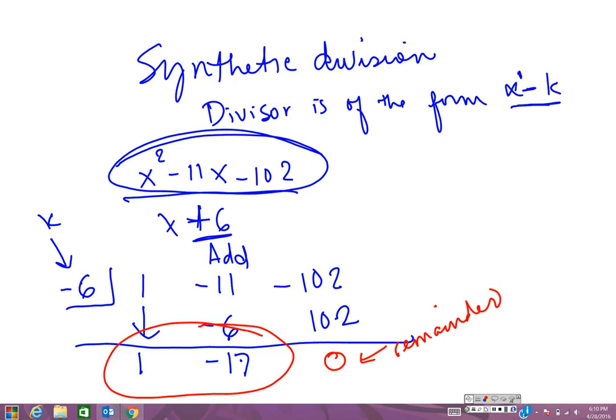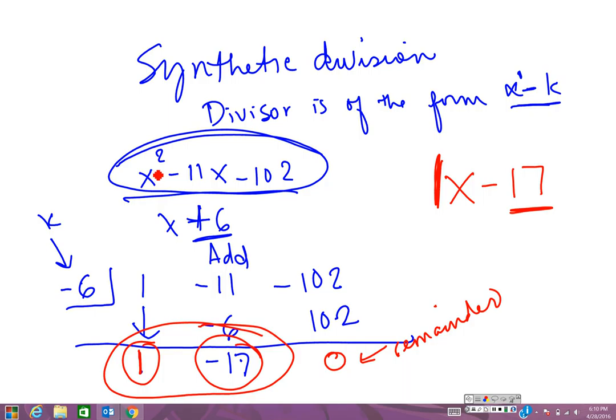Notice that our answer was x minus 17 before, and you see the similarities here. That 1 here represents the coefficient, and our constant here is that negative 17. So you write it as 1x minus 17. That first number is the coefficient of the first variable.